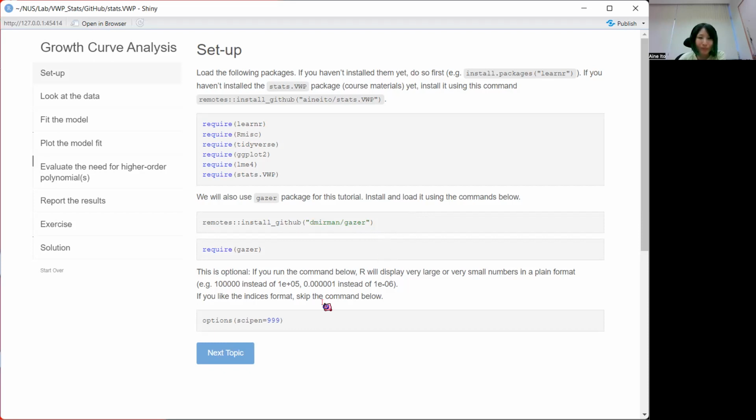And this one is just optional. If you run this command, you will get numbers in what I call normal number format instead of the format that is used by default. So if you don't need that, then skip the command below. That's just the setup. Let's go to the next topic.